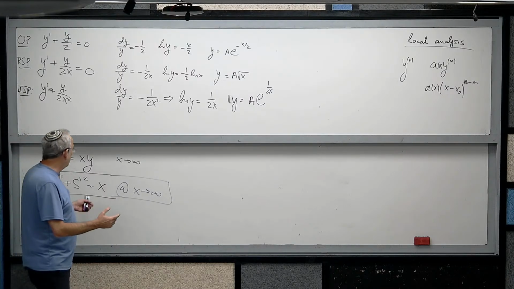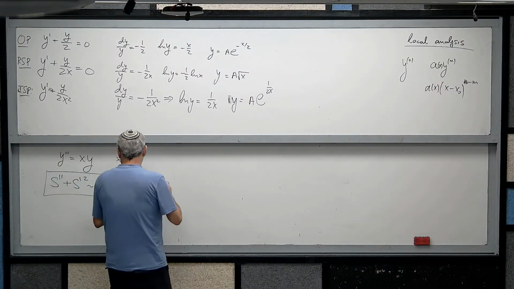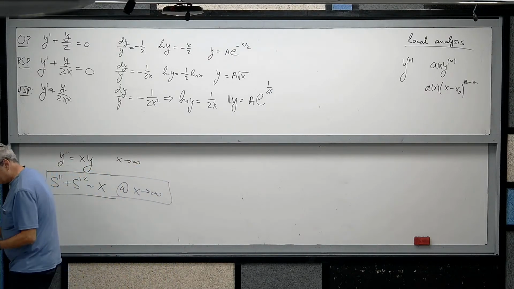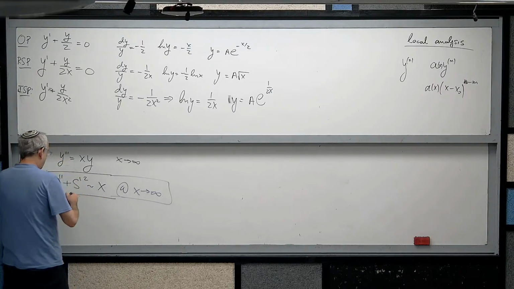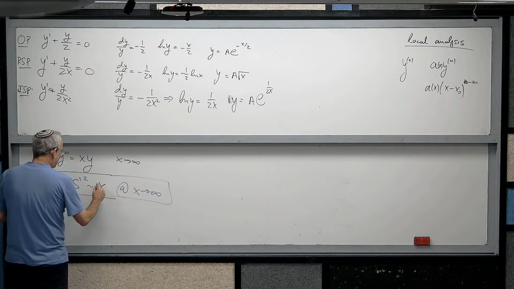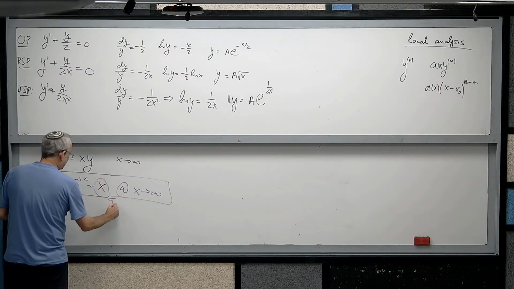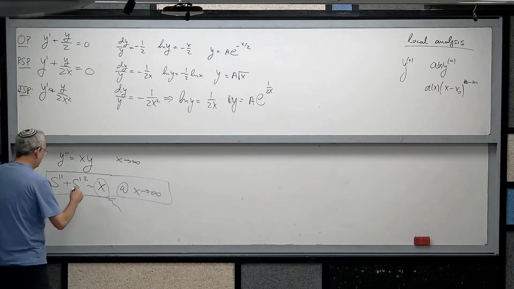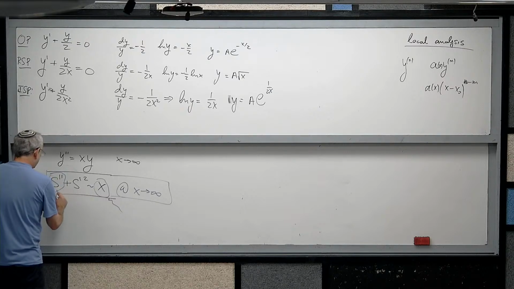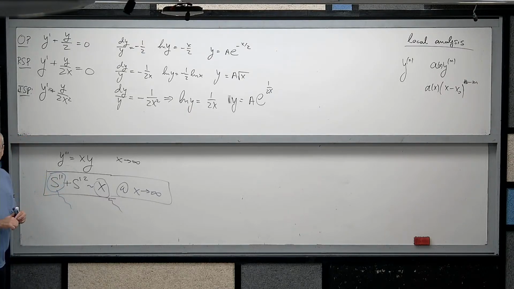Now, how do we decide which are the 2? We want to decide it self-consistently, the same way we did in the last lecture. So there are 3 options. We may believe that this term is negligible. That's the purple strategy. We may believe that this term is negligible. That's the blue strategy.